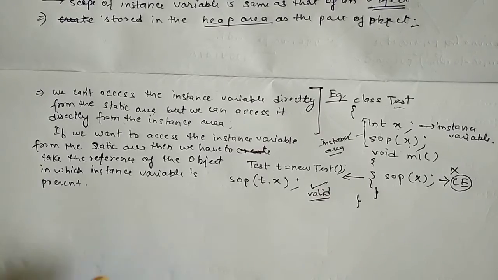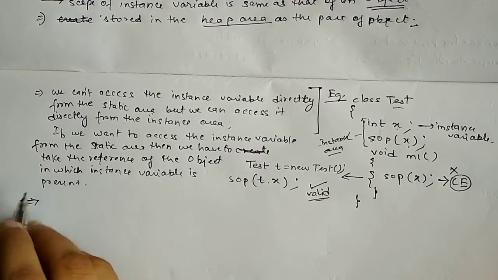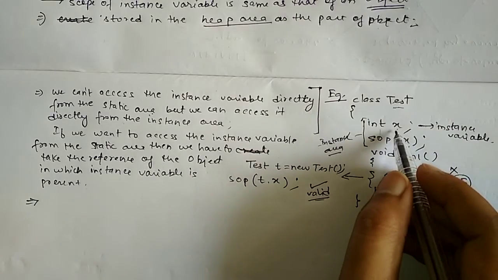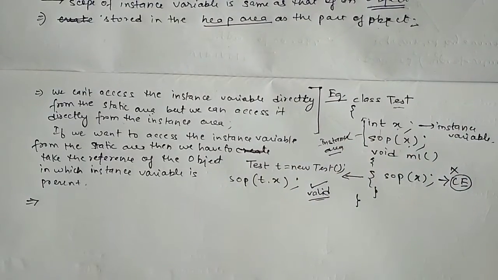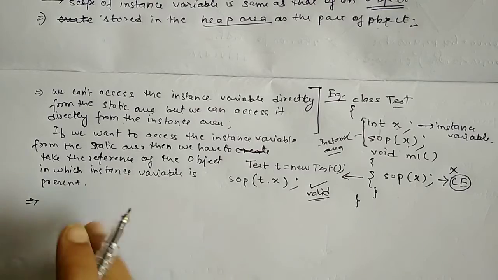And the second last point we can conclude from here is about the values of the instance variable. The JVM will provide the default values to the instance variable.